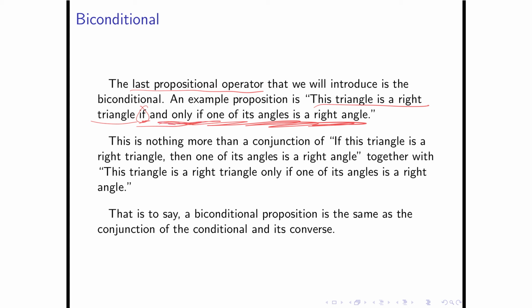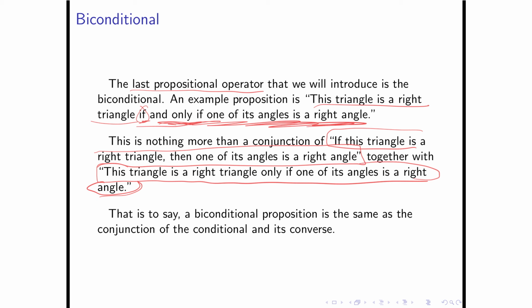But it's also saying the only if part as well. So effectively, it is this sentence and also this sentence, which is just the other way around, right? So it's stating the conditional together with the converse of the conditional. That is what the biconditional expresses.